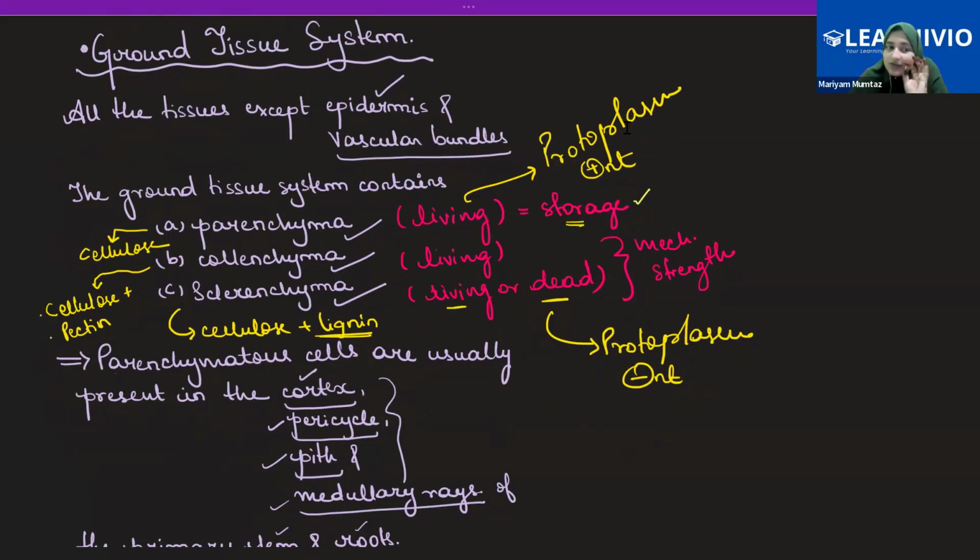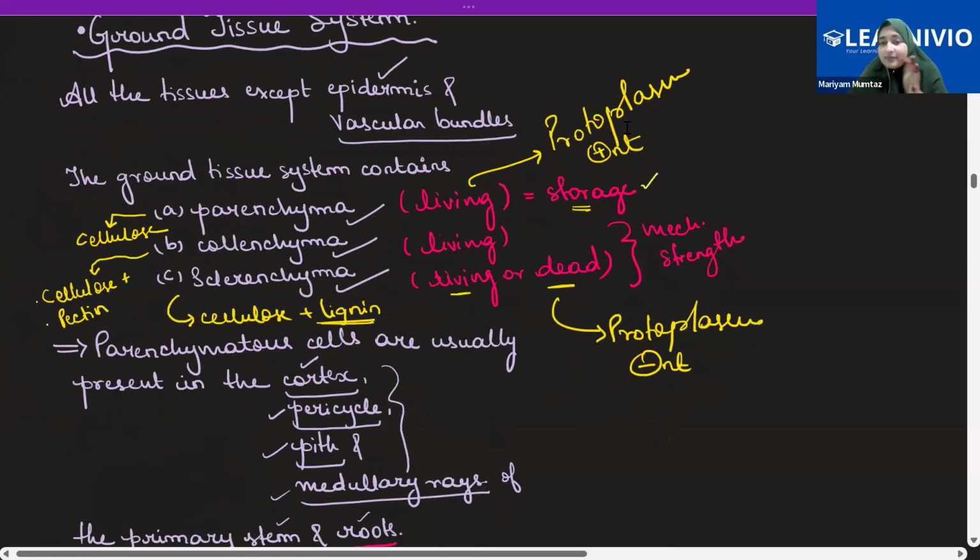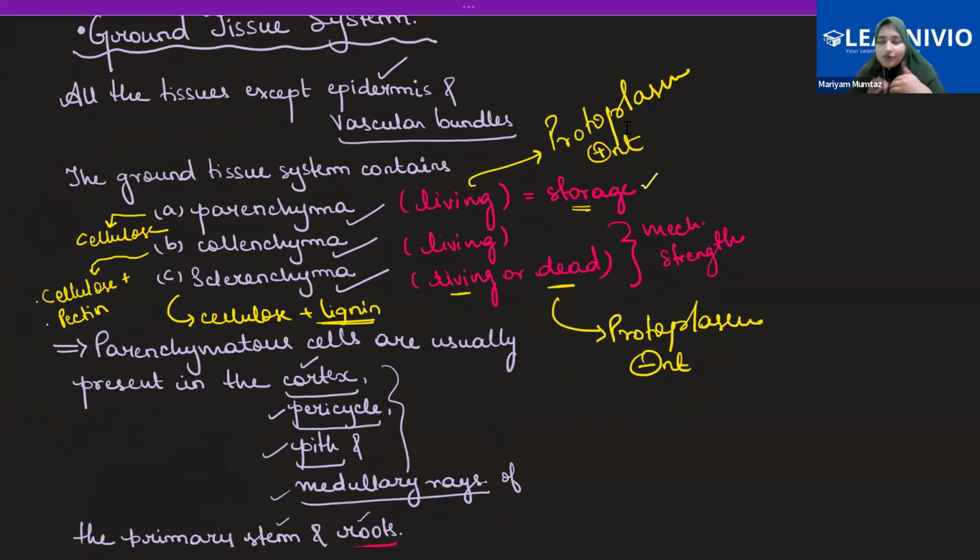Amongst all of them, the parenchyma is the living tissue responsible for storage. Every kind of storage, like storage of extra food, storage of any kind of secondary metabolite, that is the function of parenchyma. It is living in nature and its function is to store stuff.